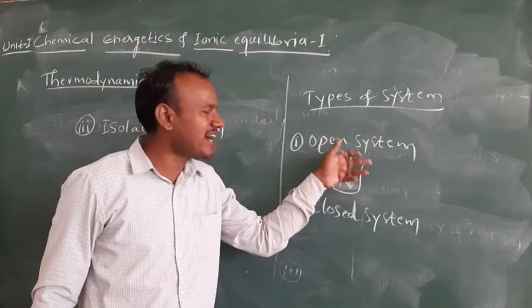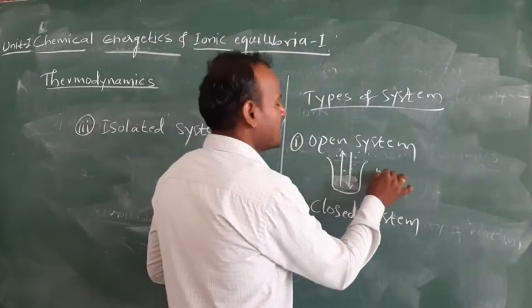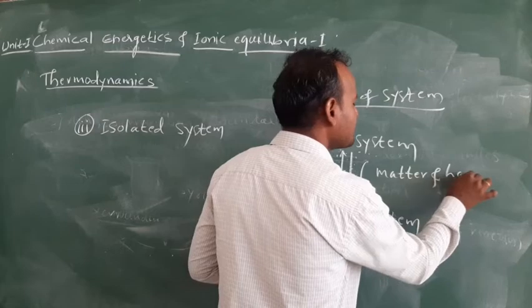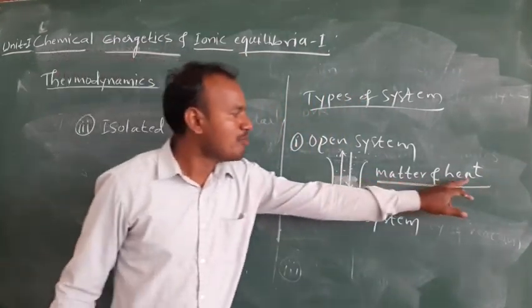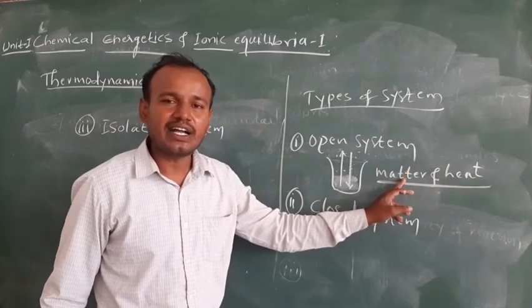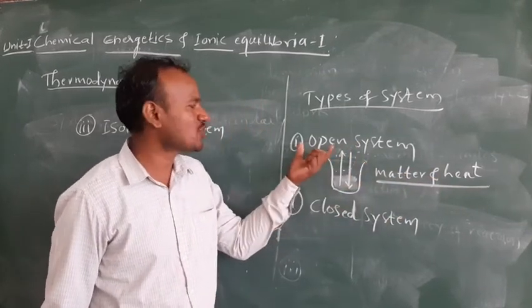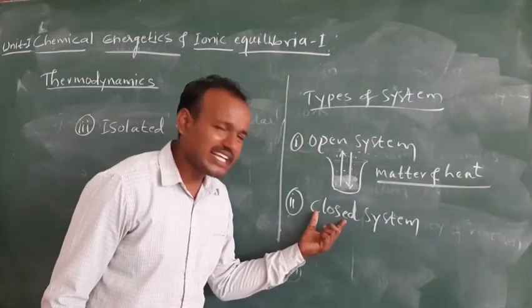This is our system, and the remaining portion would be surroundings. So one is matter, another one is heat. In an open system, both heat and matter are exchanged between the system and the surroundings. That is called an open system.